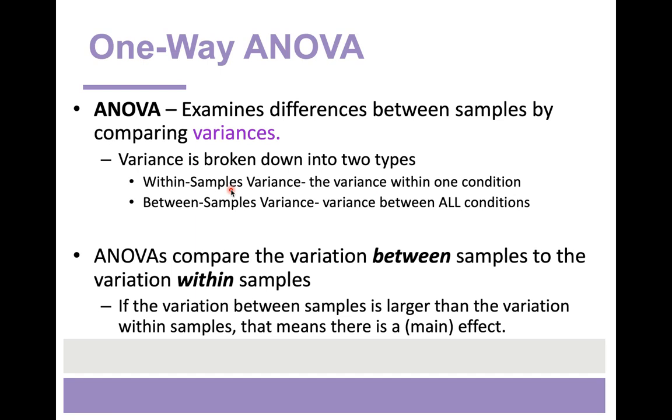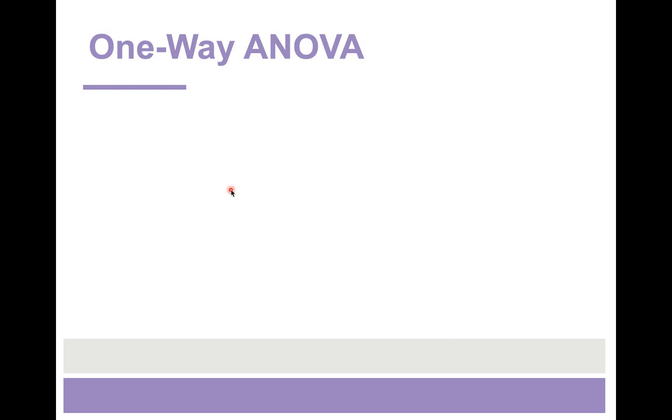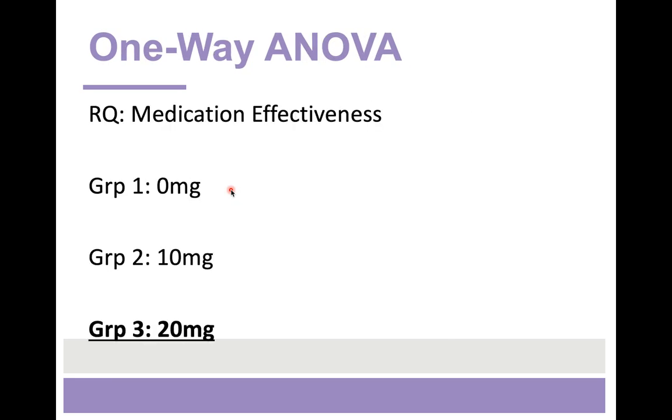And then how much do the 0 milligram people vary against each other within the 0 milligram group, and then the 20 milligram group? So within samples or within subjects variance is how much do individuals vary around the mean of their experimental condition.